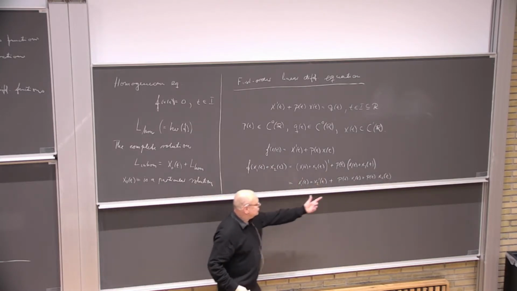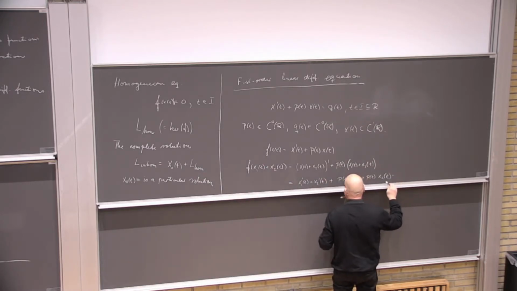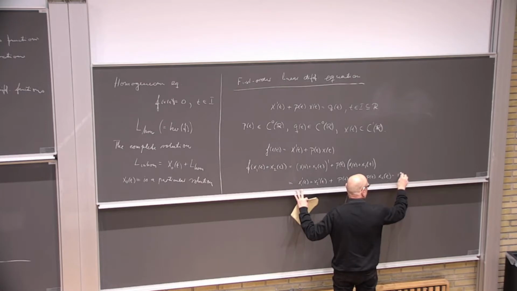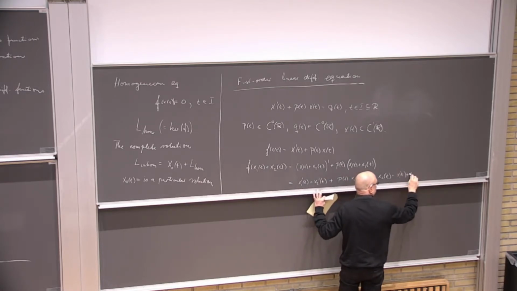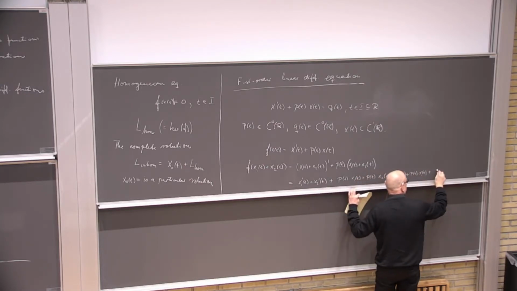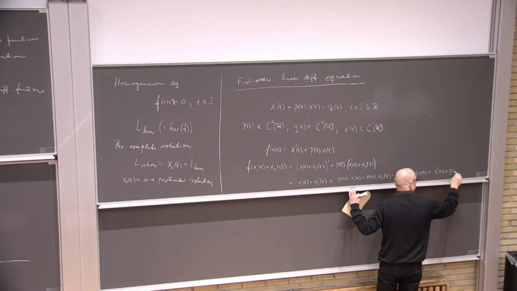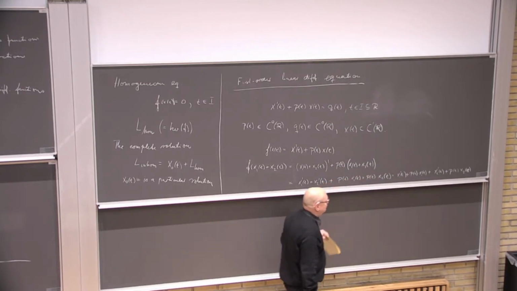And then I can just rearrange the different terms here. I get x1 prime of t plus p of t times x1 of t, plus then x2 prime plus p of t times x2 of t, like this.